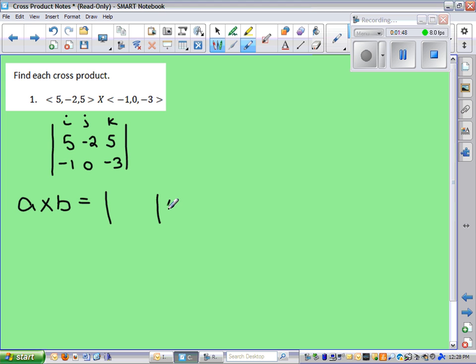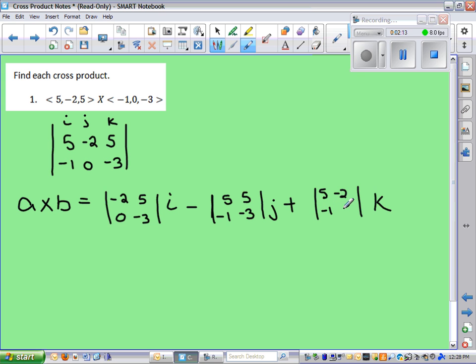The first variable is I, so we're going to omit the I: -2, 5, 0, -3, minus. The next variable is J, so we're going to omit the J column: 5, 5, -1, -3, plus. Our next variable is K, so we're going to do 5, -2, -1, 0.